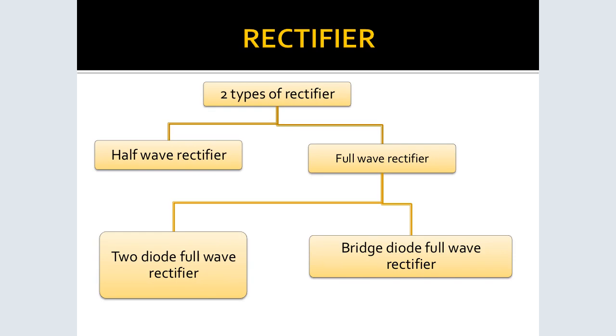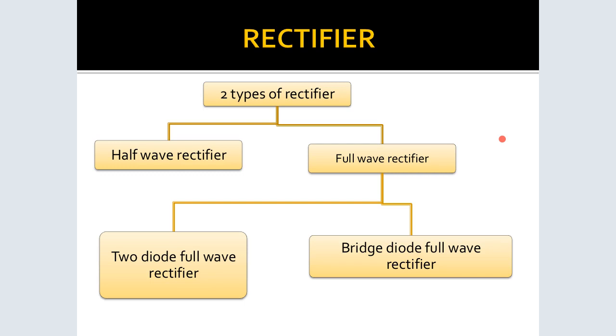We want to look at the rectification process, and the types of rectification that exist. That's where the diode is implemented. There's half wave and there's full wave. Full wave uses four diodes or two diodes.